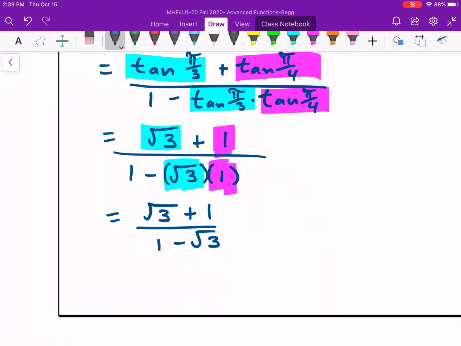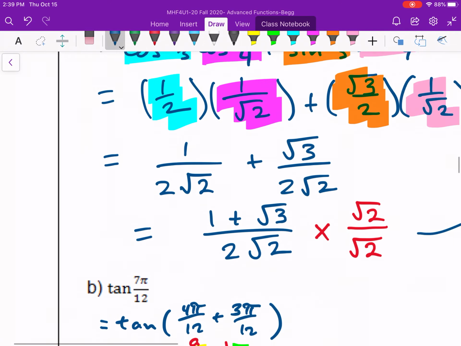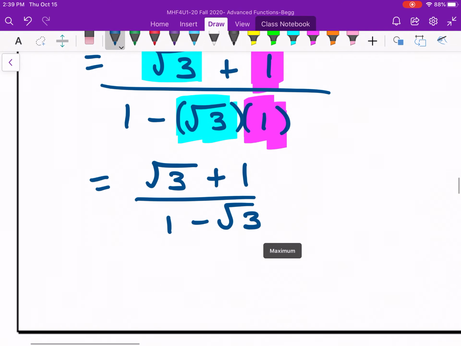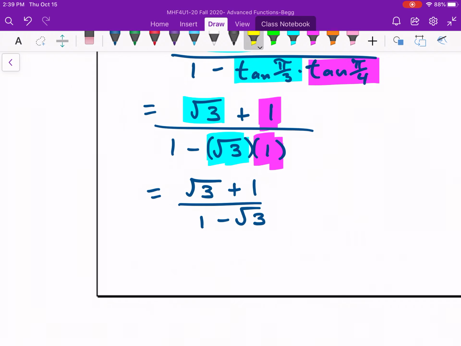This one may look similar to what we just did, but it's a little different, because this is a 1 on the numerator, and on the denominator, it's a 1 minus root 3. It's part of a binomial.